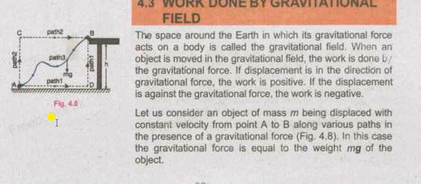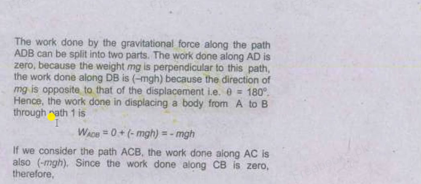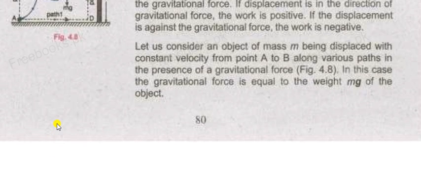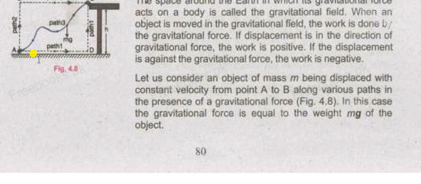Okay, so the work done by path 1 will be equal to the work done from point A to D and D to B. So for point A to D, because the force is downward and the displacement is horizontal, the angle is 90.